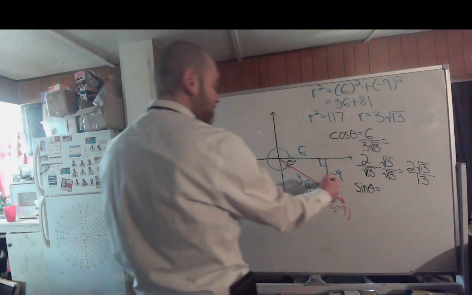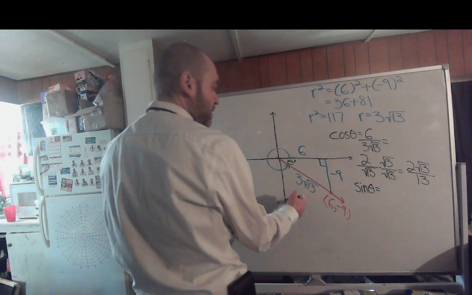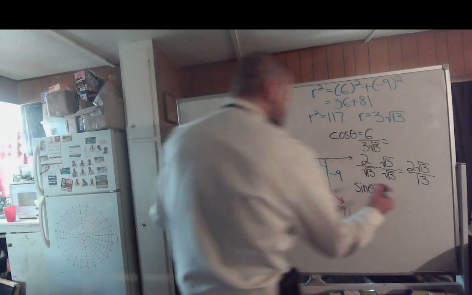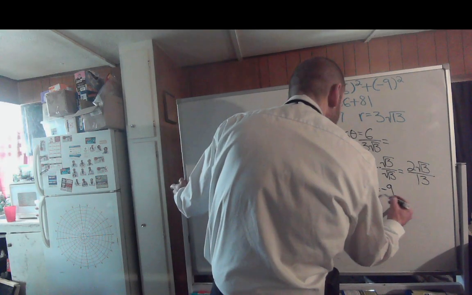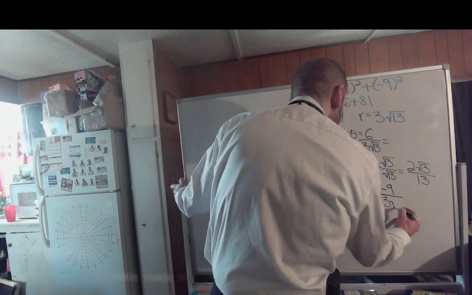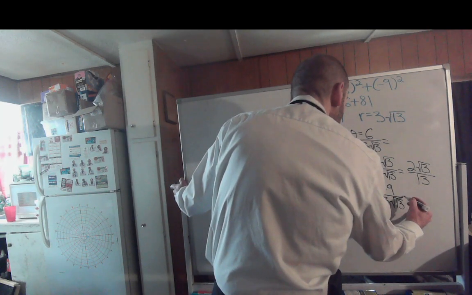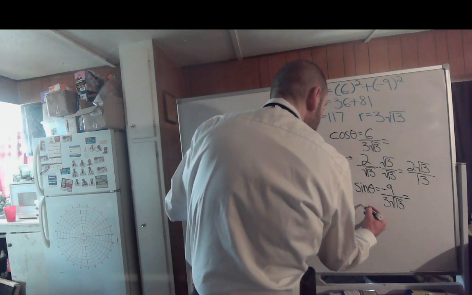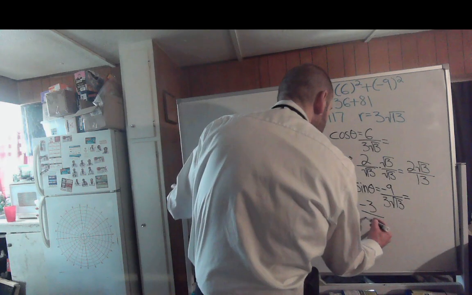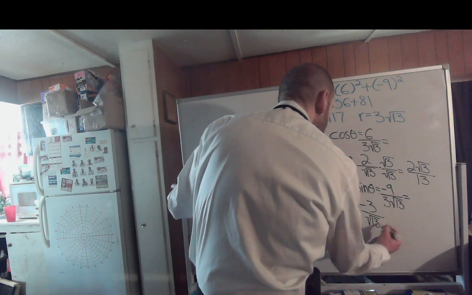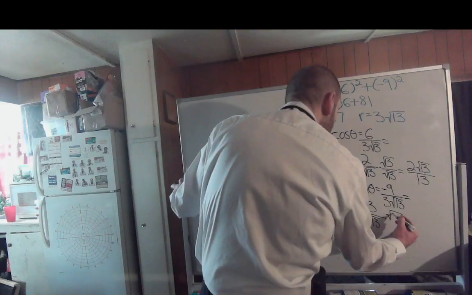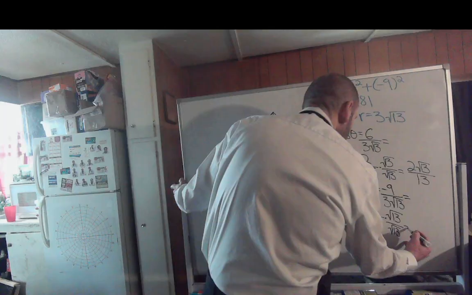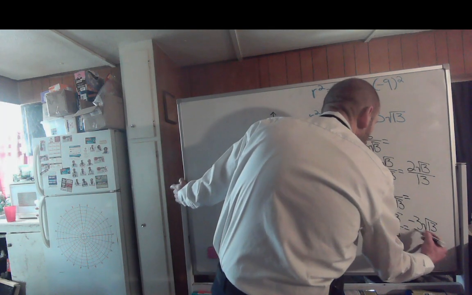Opposite over hypotenuse for my sine, that'd be -9 over 3 times the square root of 13, which would turn this into -3 all over the square root of 13 times the square root of 13 over the square root of 13, which means my sine is -3 times the square root of 13 all over 13.